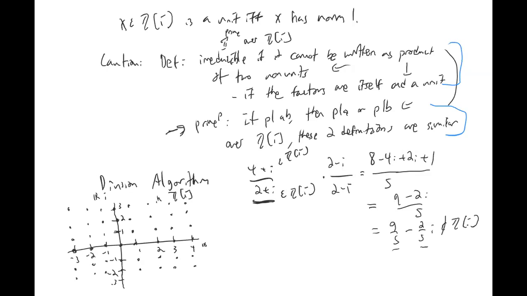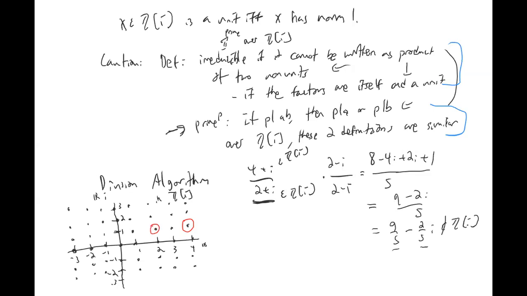So for example, this point is 4 plus 1i. Does everyone follow here? So 4 plus i is this point, and 2 plus i is right here, right?